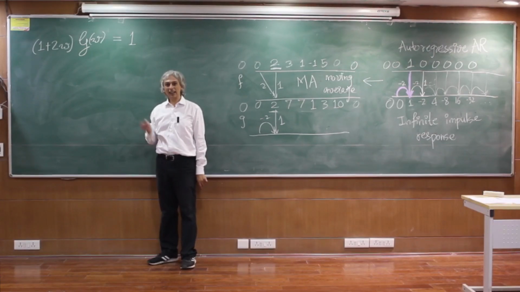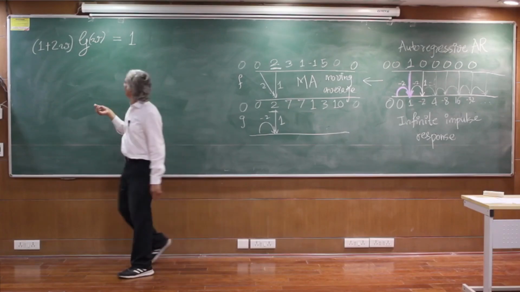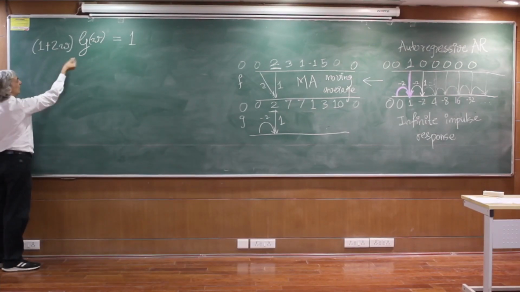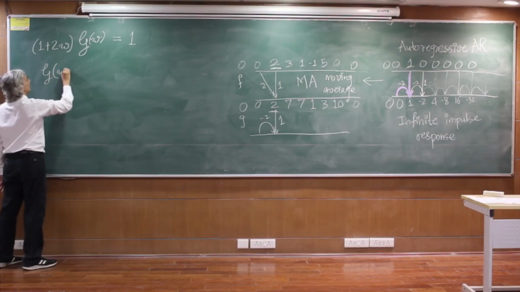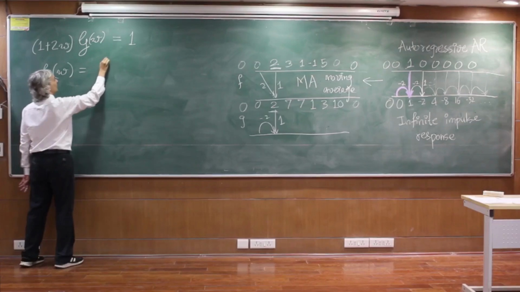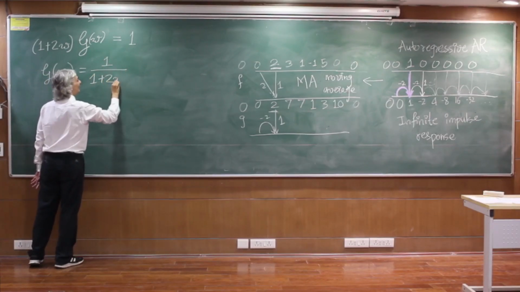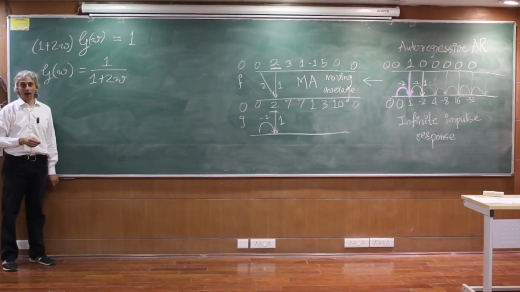And then what's g of w? Minus 2 omega plus 1. Yes, but that's a simpler thing as well, right? This has to be true, right?